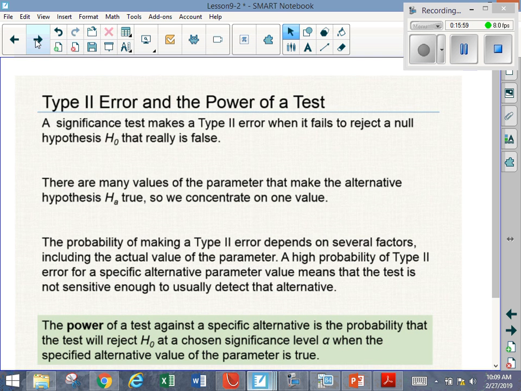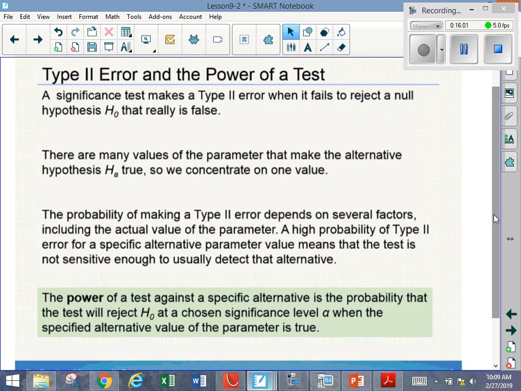Power of the test. So again, a type 2 error is when you fail to reject the null hypothesis when the null hypothesis is really false.